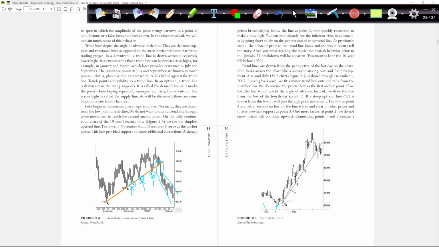So we seek the next point. The low at point 2 is a better second anchor, for the line is free and clear of other prices, and it later provides support at point 3. So what we do is we draw an angle line from point A to point 2, going as far as we can.